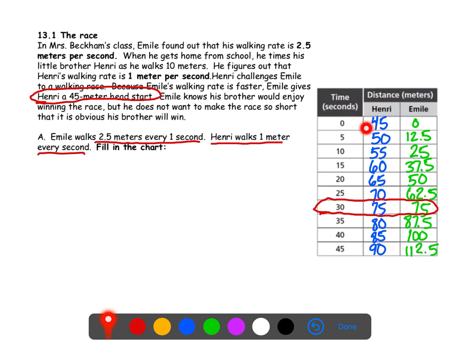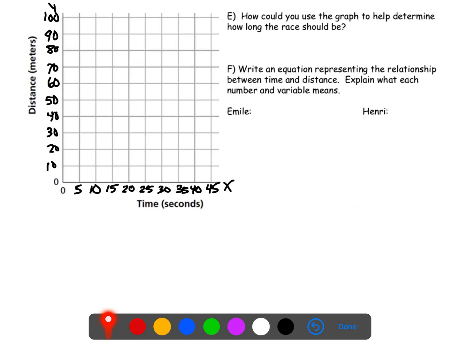So our first point here for Henry is going to be 0 and 45. 0 on the x, 45 on the y. For Emil, it's going to be 0, 0. So if we keep the same colors, Emil's going to be starting at 0, 0. Henry is going to be at 0, 45. 45 meters from that starting line.